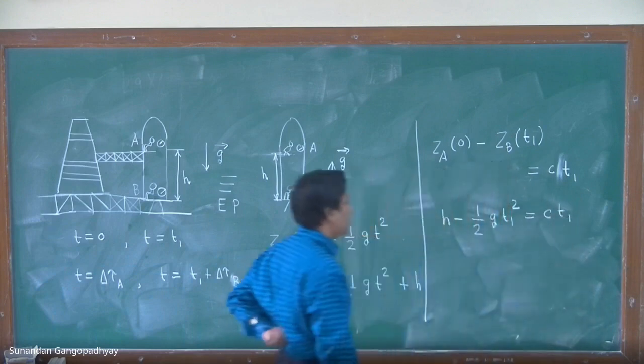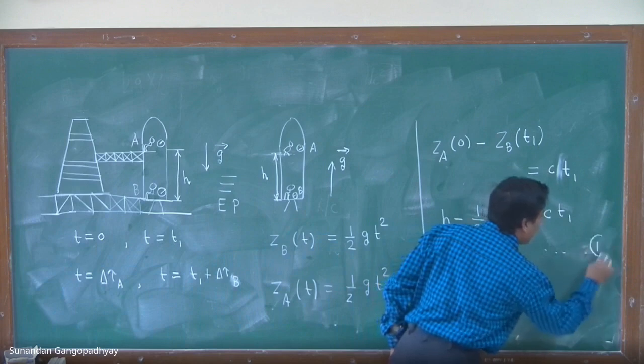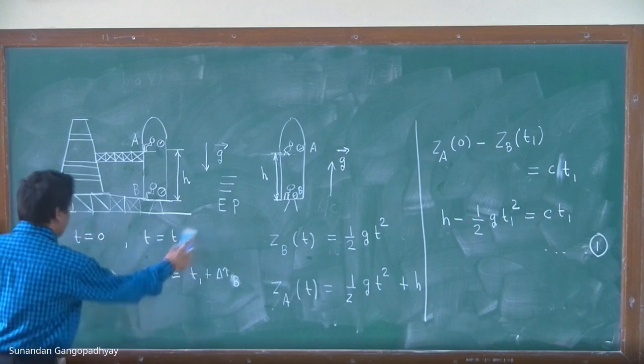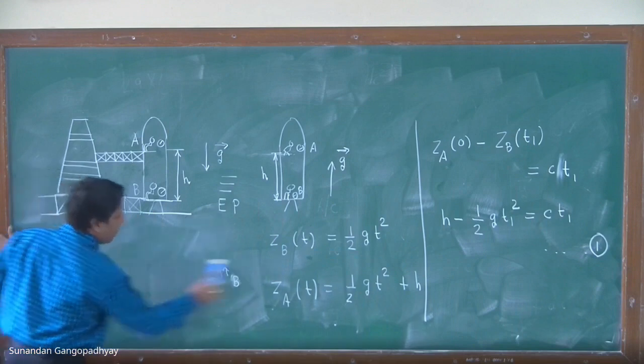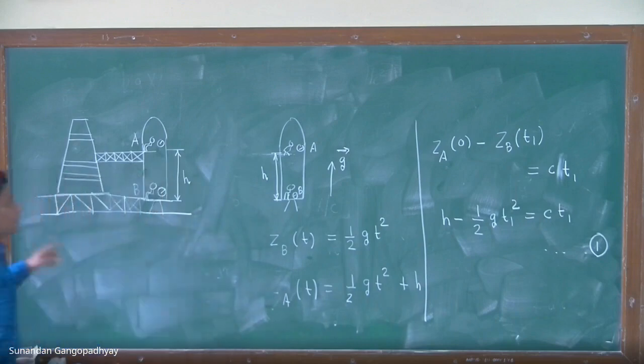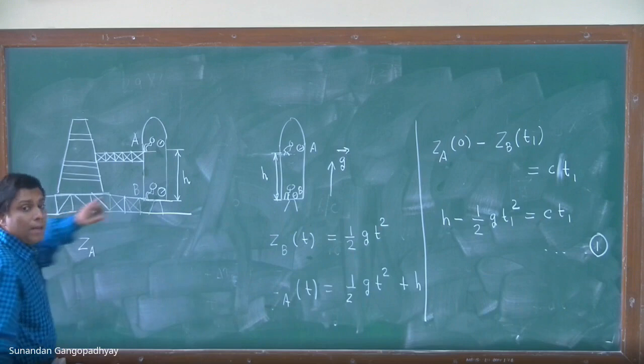This is the first equation. And now this is the distance traveled by the first pulse. What will be the distance traveled by the second pulse?